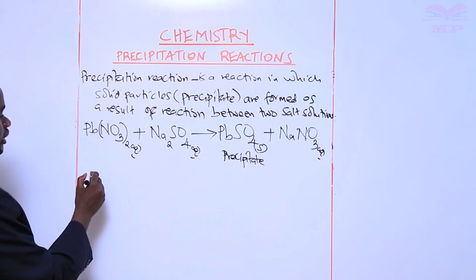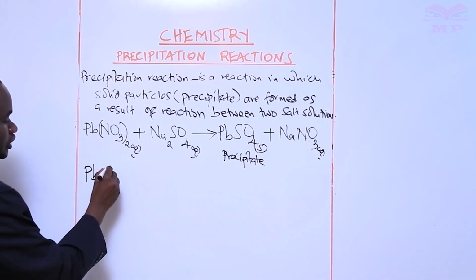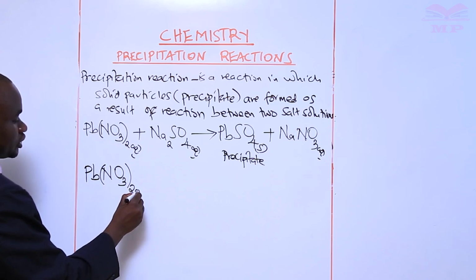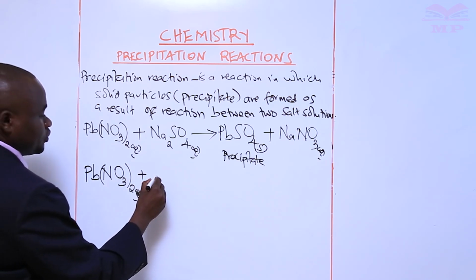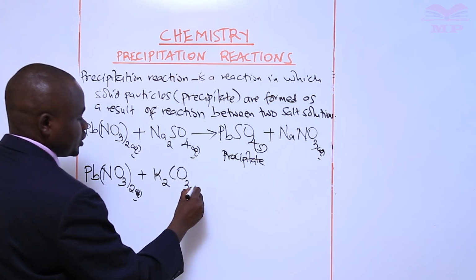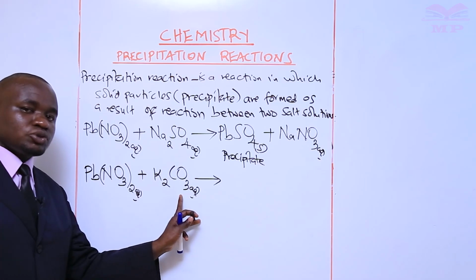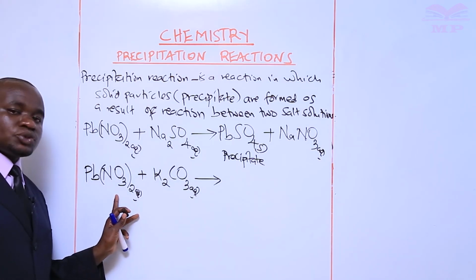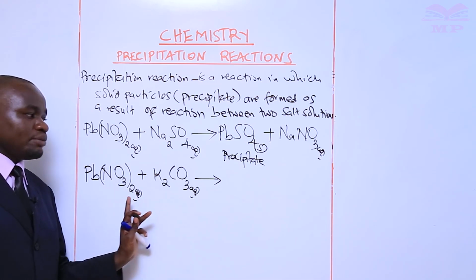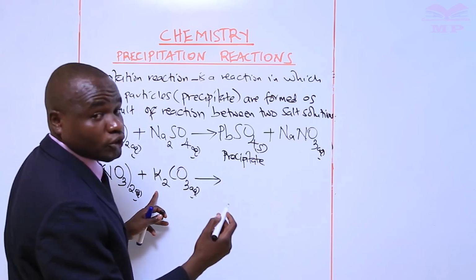This reaction we call a precipitation reaction. Another example is the reaction between lead nitrate and potassium carbonate. Don't forget, potassium carbonate is a soluble salt. Lead nitrate is also a soluble salt. So the two salt solutions react when they are mixed together and exchange their ions. We shall get the following products.